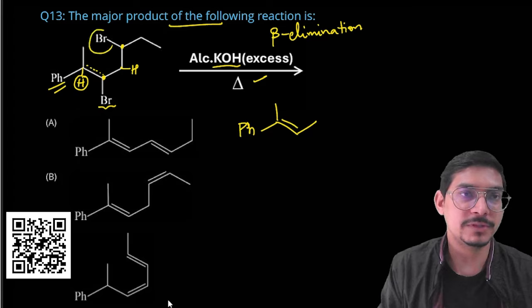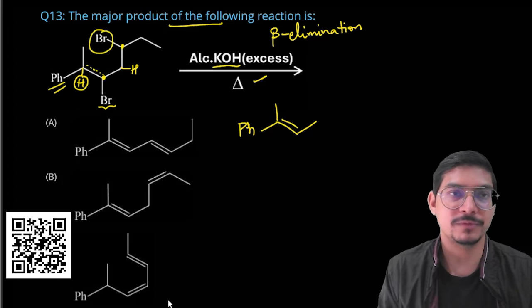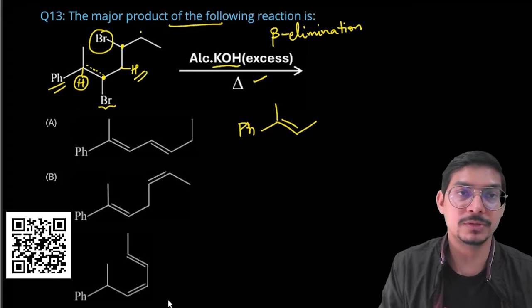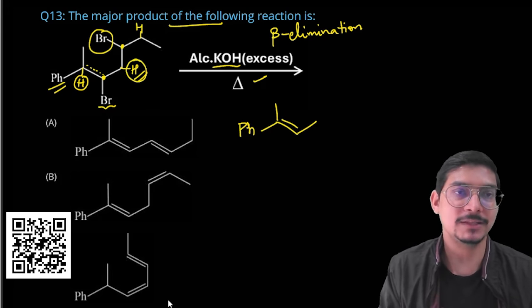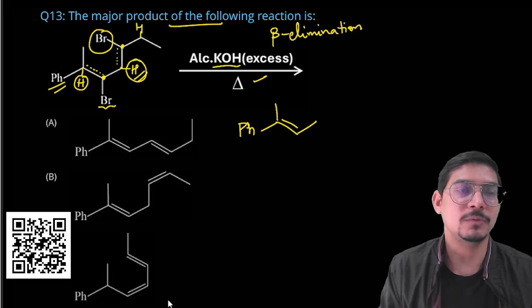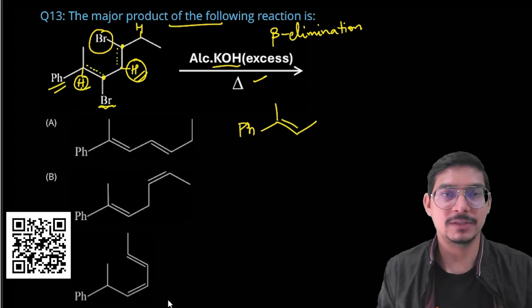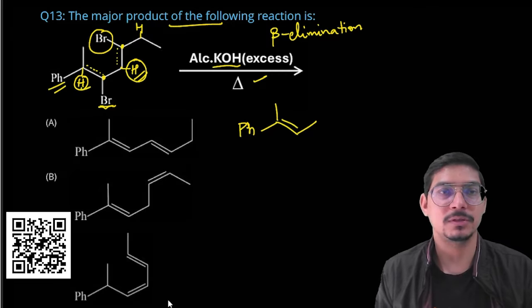Now, if we remove this bromine, once again, we will have to remove a hydrogen from beta position, which could be this hydrogen or this hydrogen. But removal of this hydrogen would again give a more stable alkene because that double bond would be in conjugation, would be in resonance with the double bond that came from the removal of this HBr. Now, as we discussed that dehydrohalogenation gives the more stable alkene.